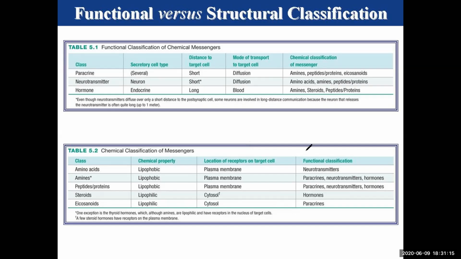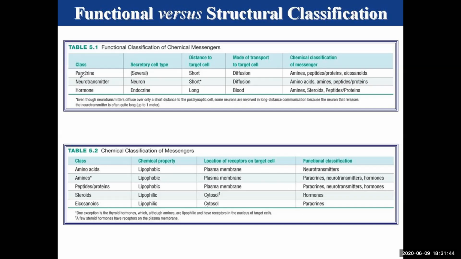So you have here specifically the names: the neurotransmitter that's used by the nervous system, hormones and paracrine used by the endocrine system. Paracrine can also be used by the immune system, and long distance chemical messengers are used by the immune system as well.